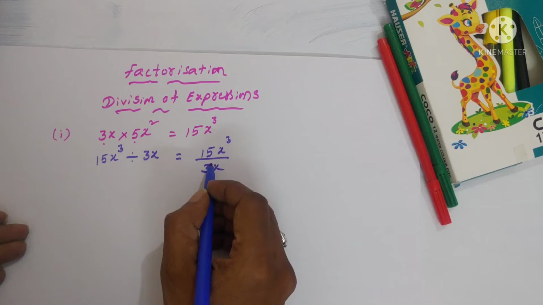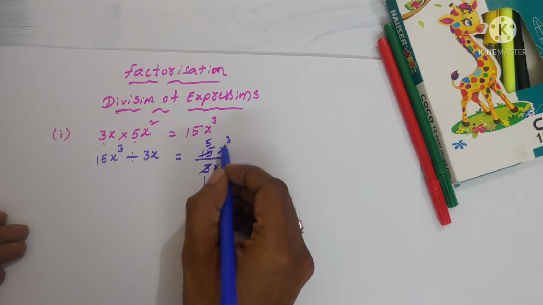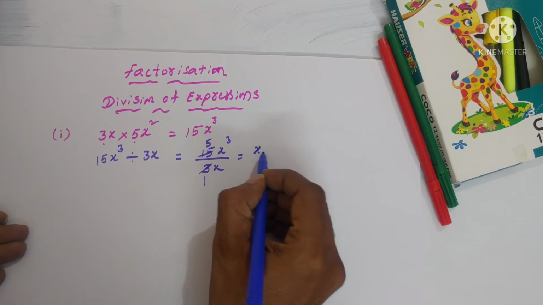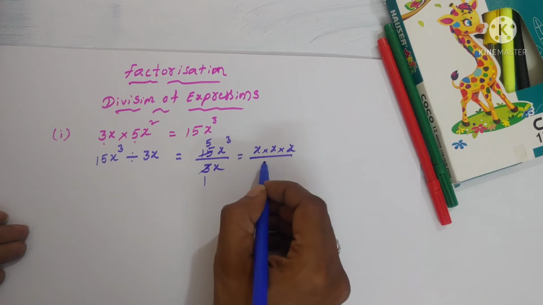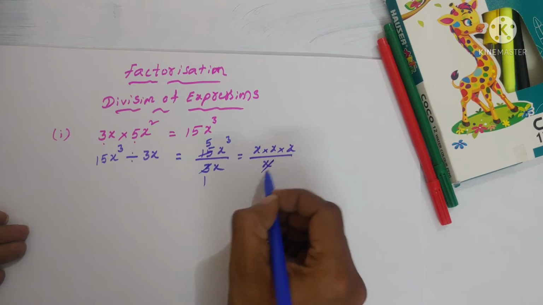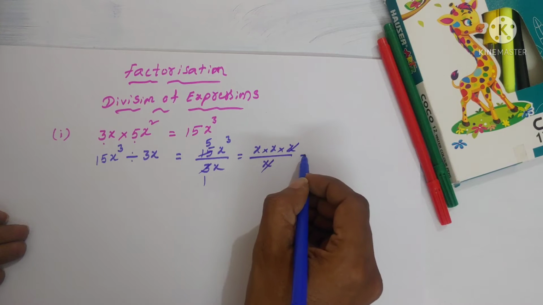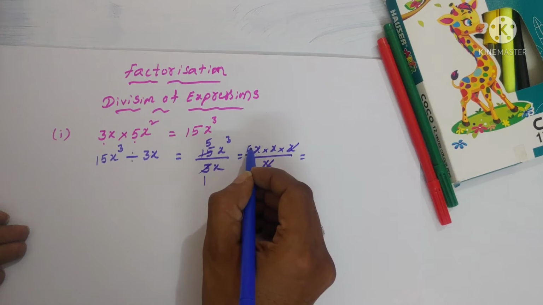Here we can divide 15 by 3, and then this x cube can be written in expansion form as x into x into x, divided by x. Then we can cancel these two. We get simply 5x square.